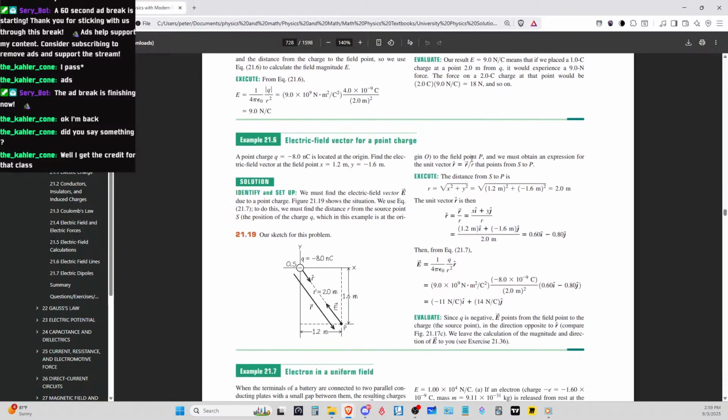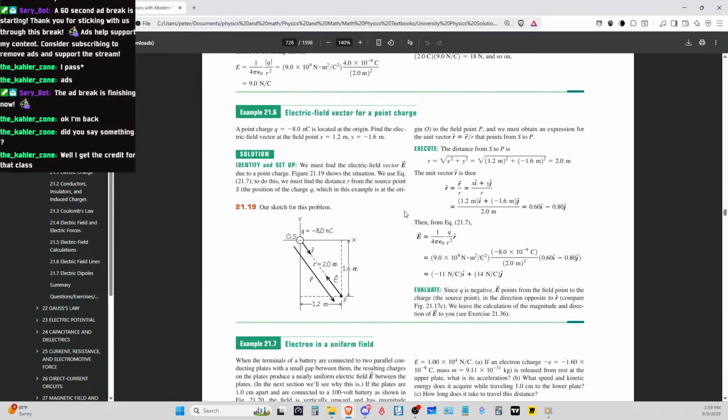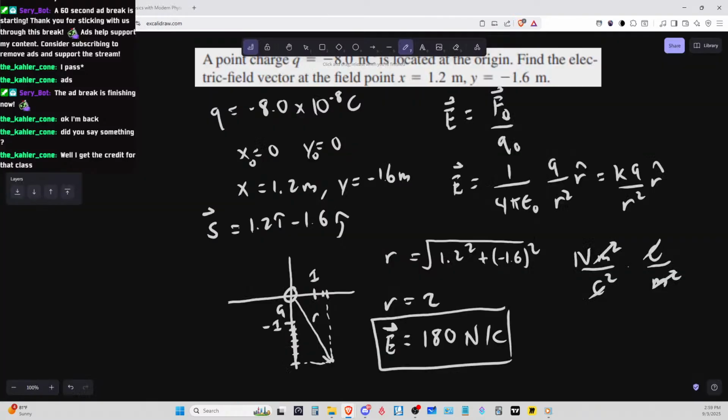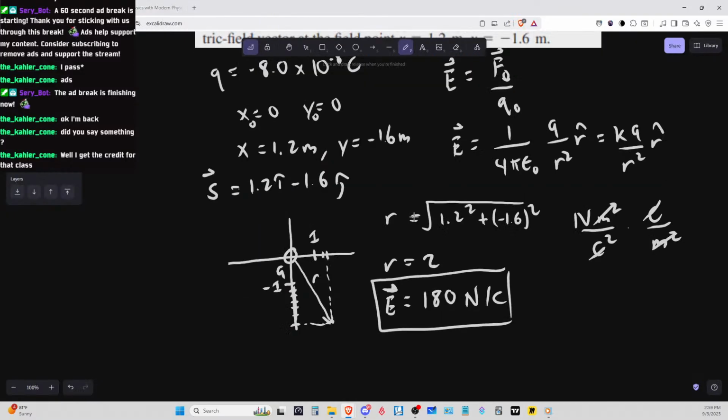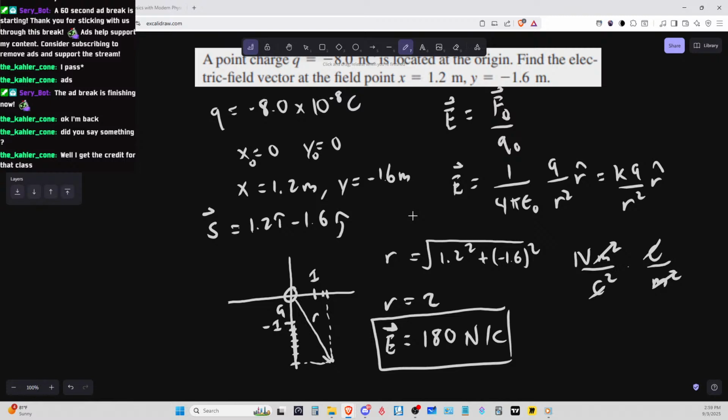So what do we have here? Find the electric field. Oh, the field vector. Oops. Well, I got the strength of the electric field. So I guess we're going to have to do this.